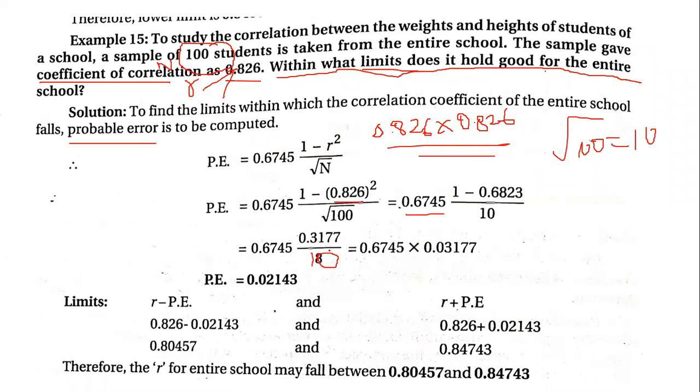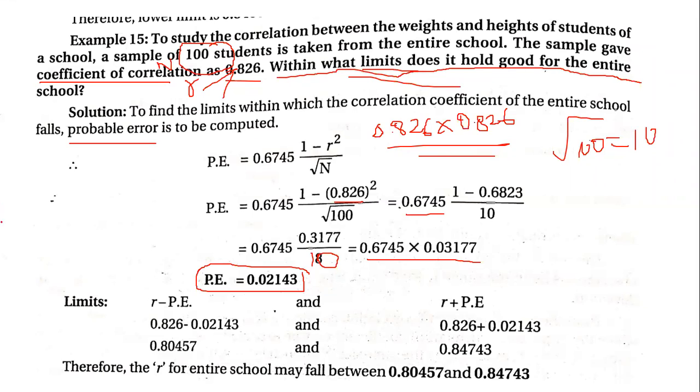One position will go to the next. So 0.03177, and this will remain as it is. Now if you multiply these two numbers, you are going to get the probable error of 0.02143. Now they have asked us to find the limits at which the school will hold good.